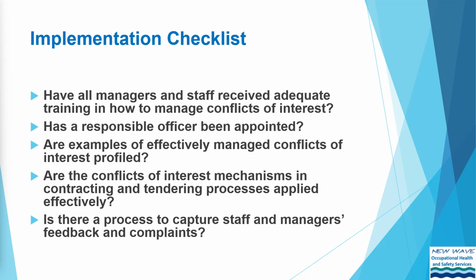There are also implementation checklists you can employ, which include such things as whether all managers and staff have received adequate training in how to manage conflicts of interest, whether someone has been appointed as the responsible officer, whether you've highlighted examples of effectively managed conflicts of interest, whether conflicts of interest mechanisms in contracting and tendering processes are being effectively managed, and whether there is a defined process to capture staff and managers' feedback and complaints. The Participants Guide has a more complete implementation checklist for those who want to use one.